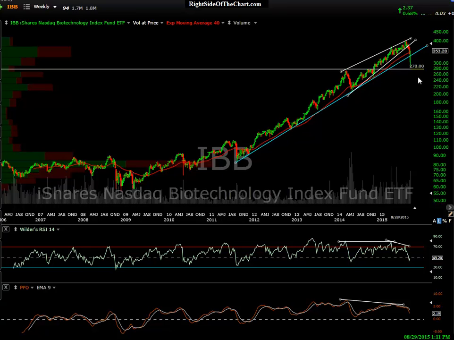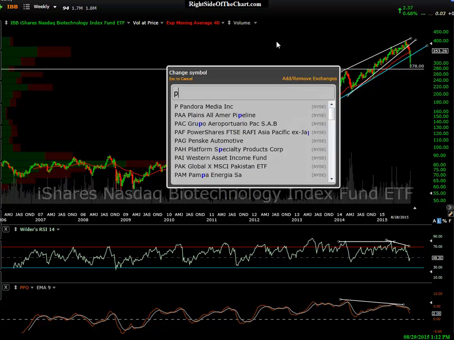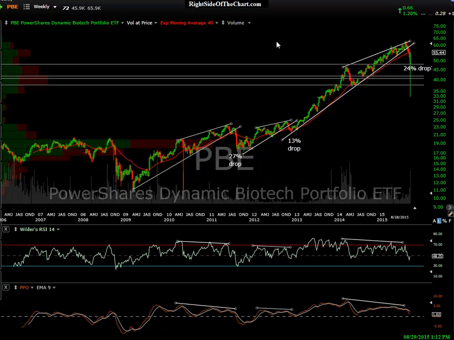So again, a lot of supports hit, a couple of stick saves. By stick save, I mean this weekly candlestick managed to close back up above a key support level. So that's one thing there. The other is when I look at the biotechs, this gives me a little bit more confidence that they still have a lot more to go. We had that huge drop in PBE, which is another one of the big biotech ETFs.